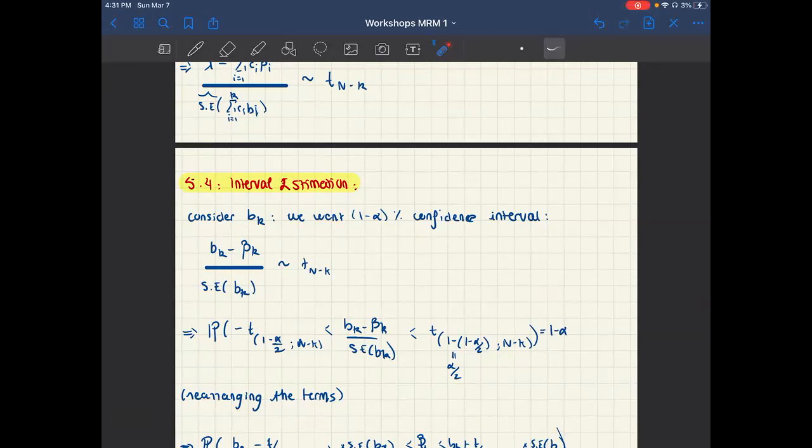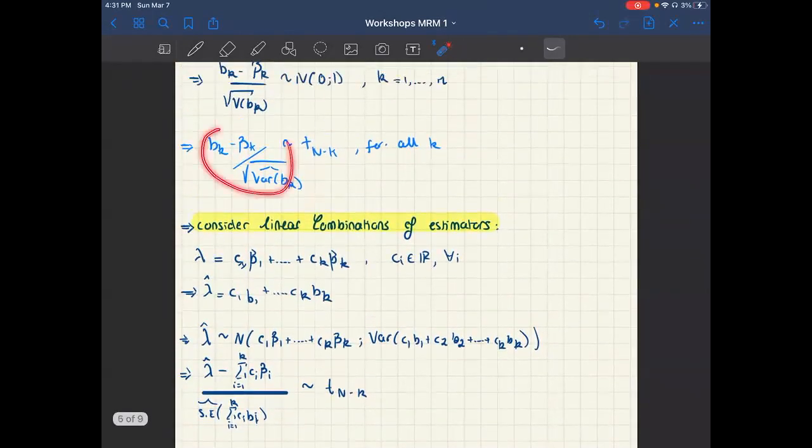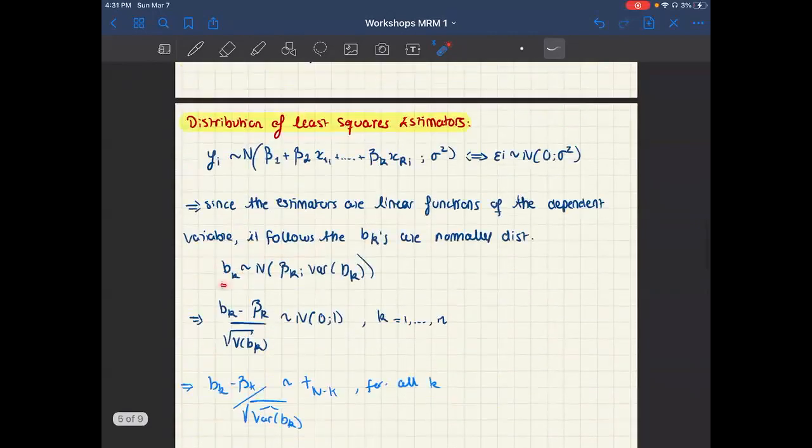So to do this, we're gonna use the fact that I showed before that, well, first we had that BK followed a normal distribution with mean beta k and variance, well, the variance of BK.